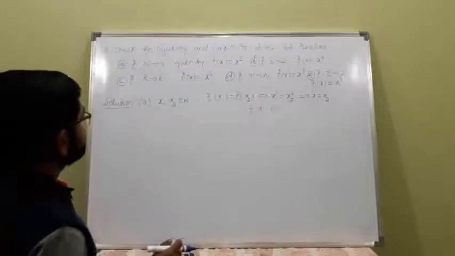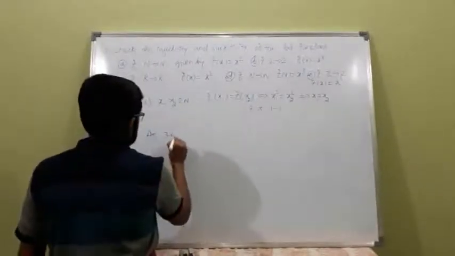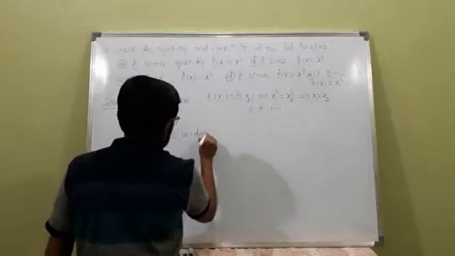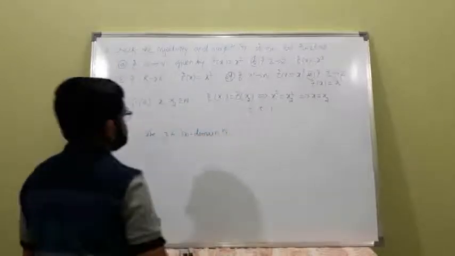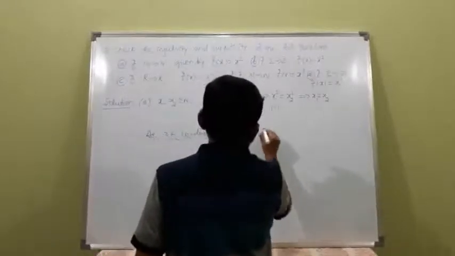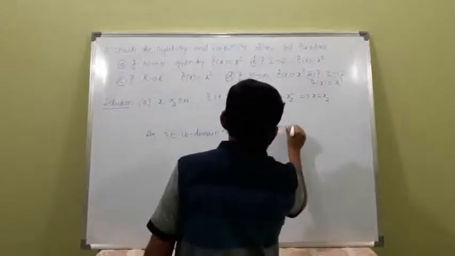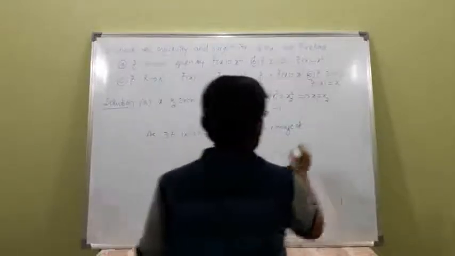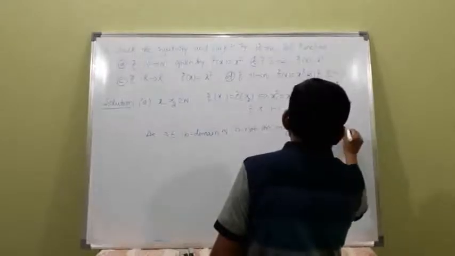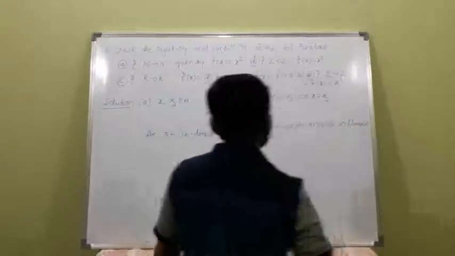See, as 3 belongs to codomain N, it is not an image of any number in the domain.